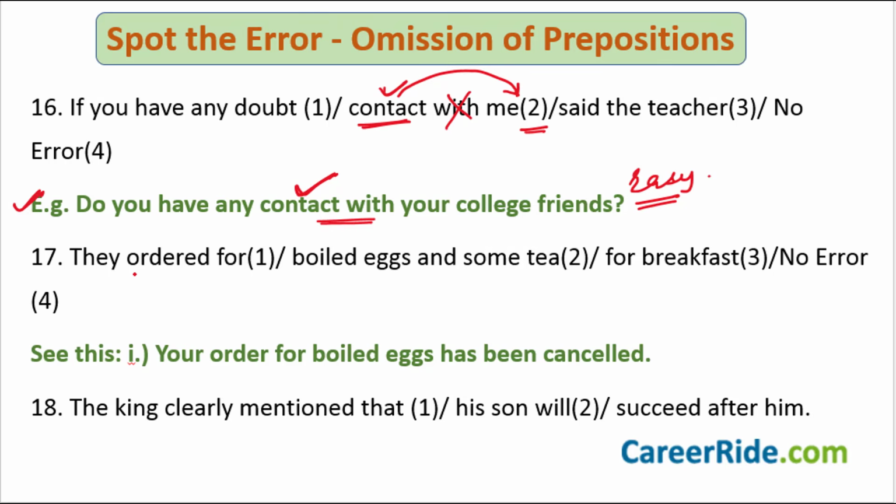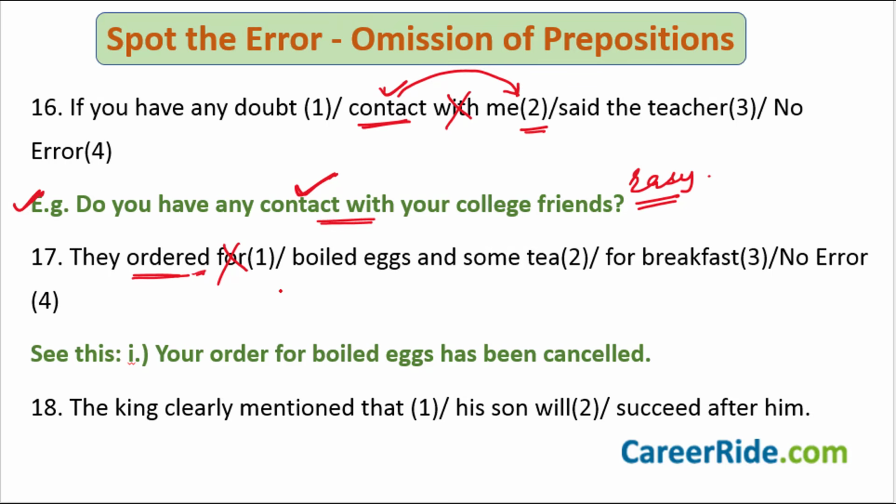Because again, here the word order is acting as a verb here. Okay. It is only the verbs that can have the past tense. Nouns and pronouns cannot. Okay. So this word order, it is acting as a verb here. And I get confirmed because I'm seeing that it is in past tense also. Okay. So they ordered. Now this preposition is not required, it means. Okay. This is acting as a verb here. They ordered boiled eggs and some tea for breakfast.